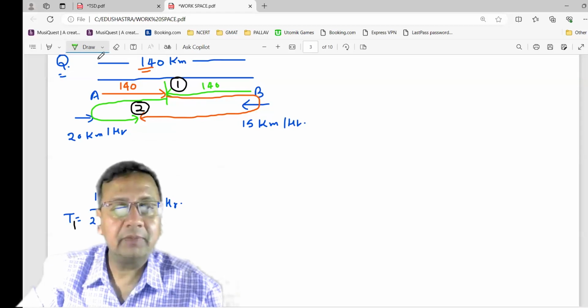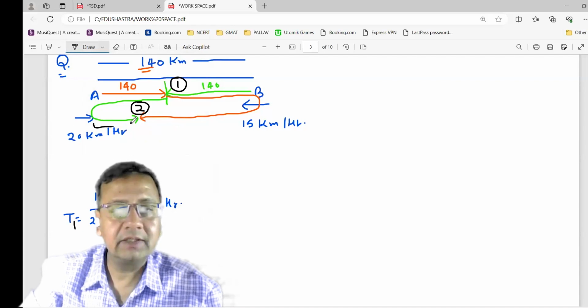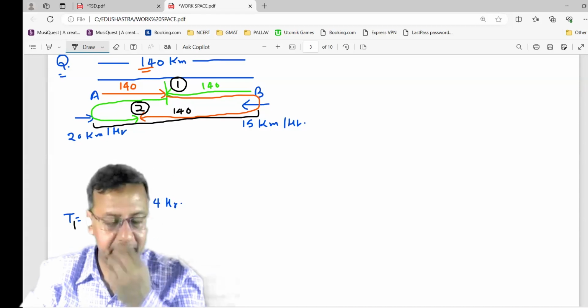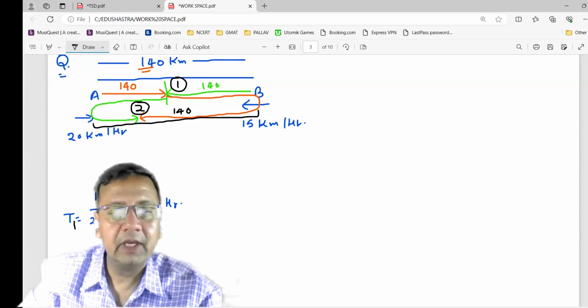तो जब दोनों वापस से मिलके आ रहे हैं यहाँ पे, तो जब दोनों मिलेंगे तो कितना रन कर लेंगे? 140, है ना? तो when A and B are meeting second time, तो टोटल डिस्टेंस कितना होगा? ए ने किया 140, बी ने किया 140, है ना?